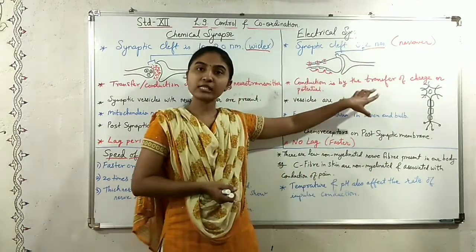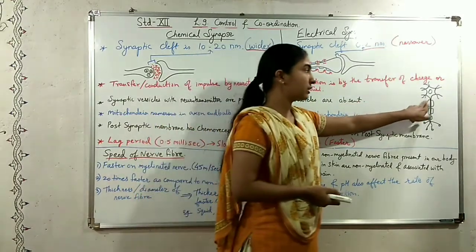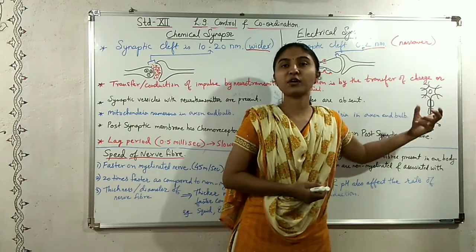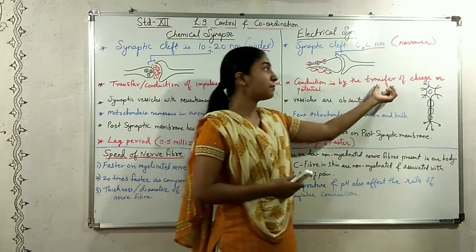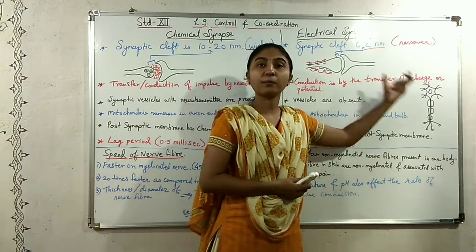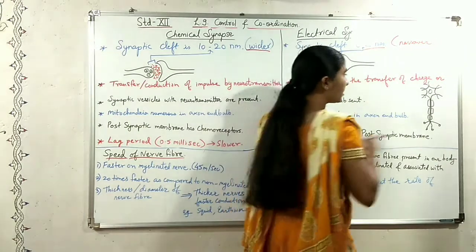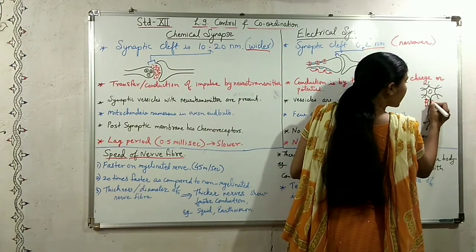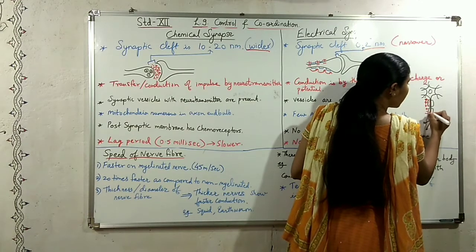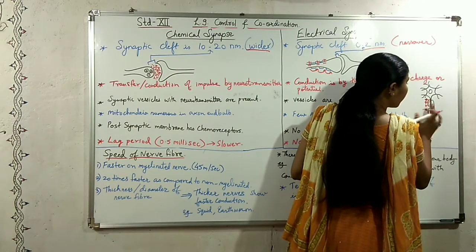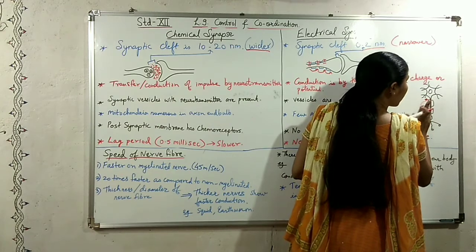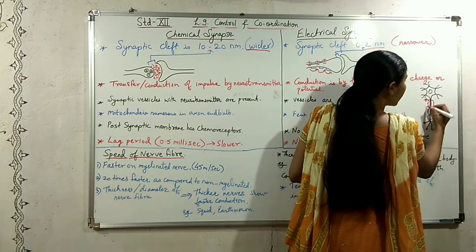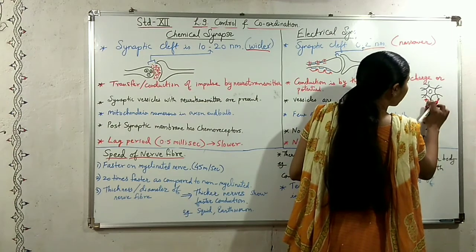Now in the electrical synapse, what happens? The conduction or the transfer of the impulse is done by the charge or the potential. Suppose the outer side of the membrane is positively charged, whereas the inner side is negatively charged.